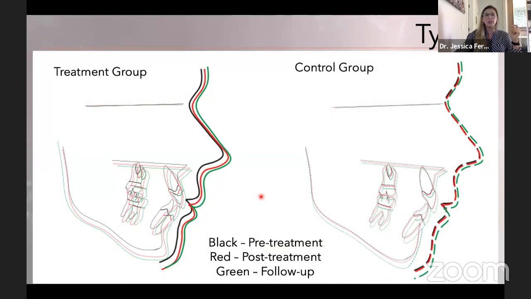When comparing the treatment group to the control group, we have the black line, the pre-treatment, the red line, the post-treatment effects, and the green, the follow-up. We can see that the soft tissue changes were minimal. The major effects were dentoalveolar.